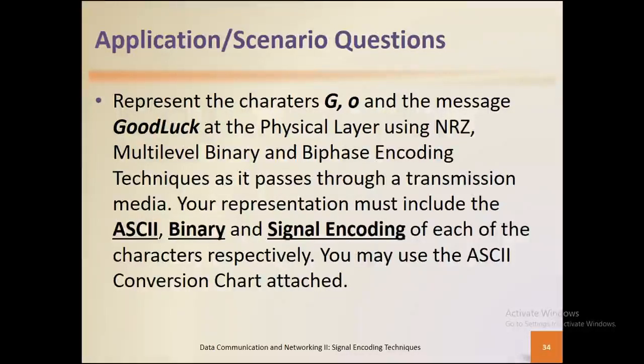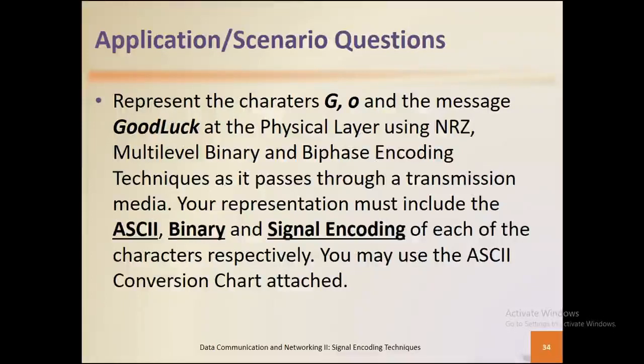two characters. From DataCom 1, you know by now that each character has at least an 8-bit sequence that it comes with in terms of digital signal, digital data. Okay, so the question is now, what is G?